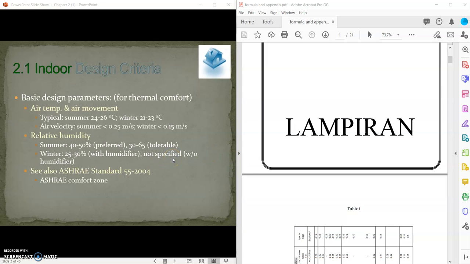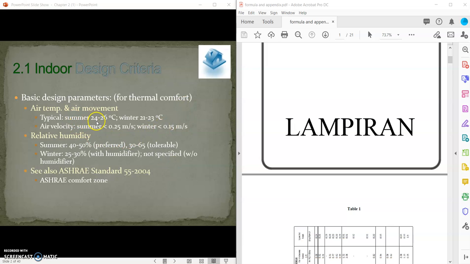Alright, so basically there are some basic design parameters that usually apply to our case. For air temperature and air movement, people usually feel comfortable at 24 to 26 degrees Celsius in the summer case. The summer case usually refers to us near the equator, which is Malaysia.